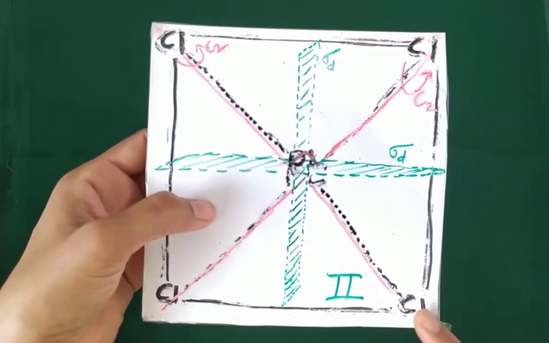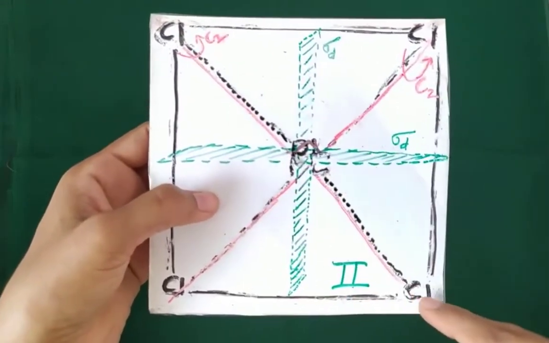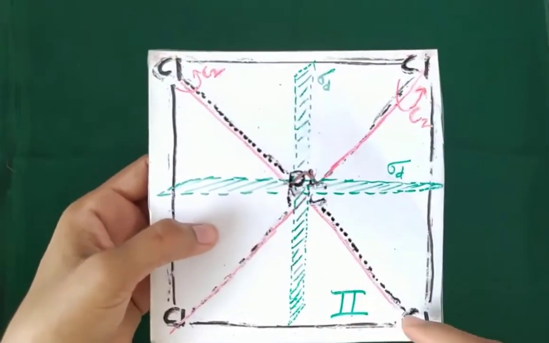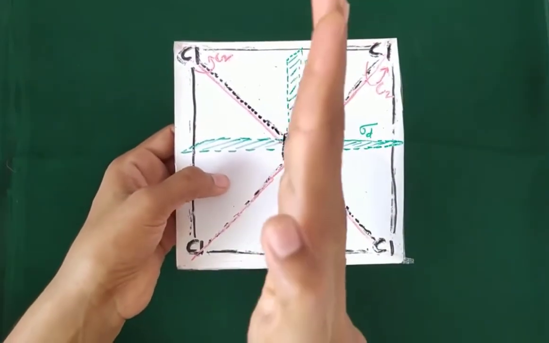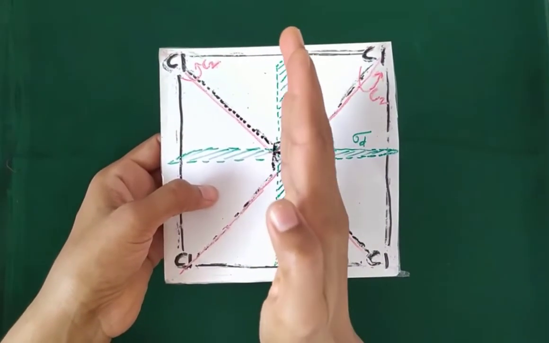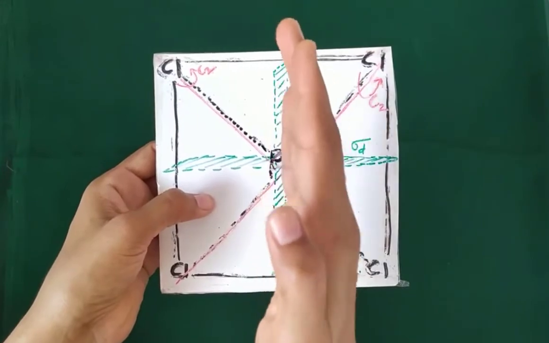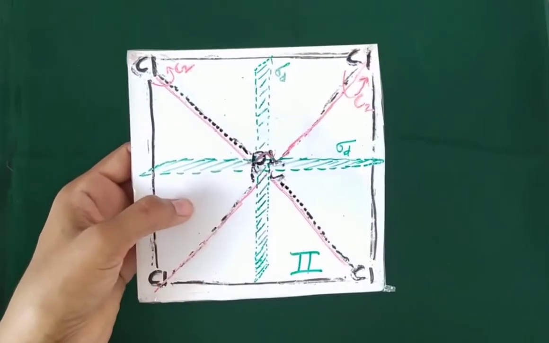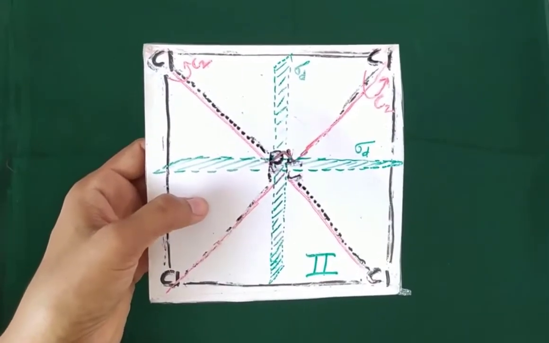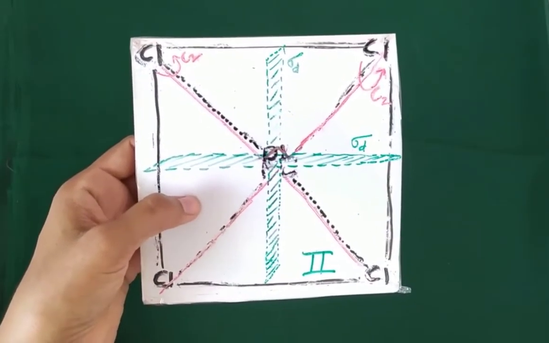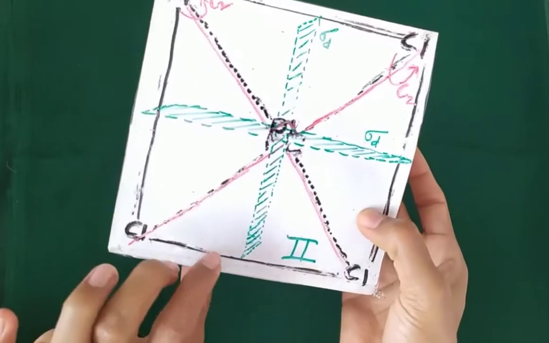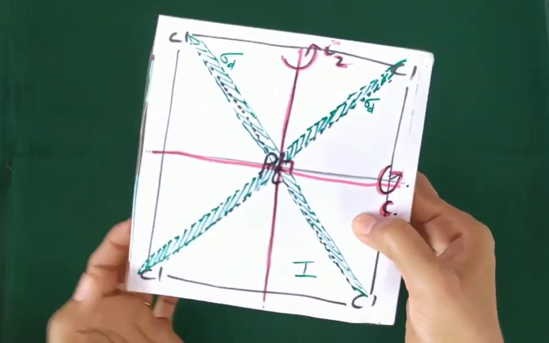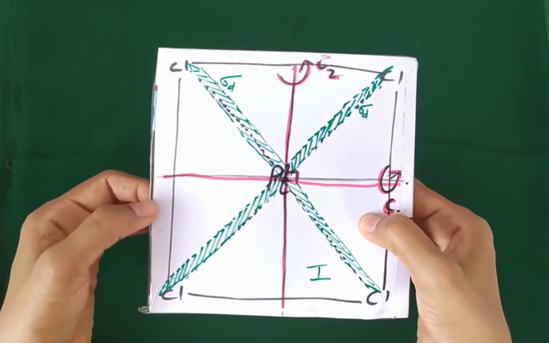Another line for C2 axis I have drawn which is passing from two chlorine atoms and platinum, and the plane I have drawn from the place in between the two chlorine atoms. So anyway you can choose the C2 axis, and anyway you can choose the dihedral plane. It doesn't matter, or it will not go wrong. Again I am showing you, this is the first image.